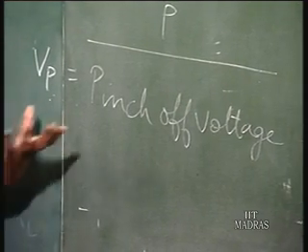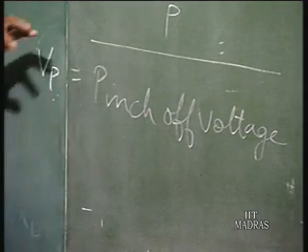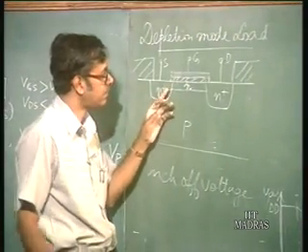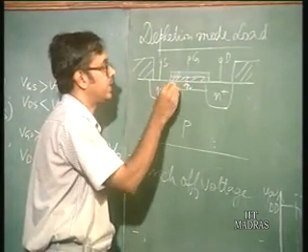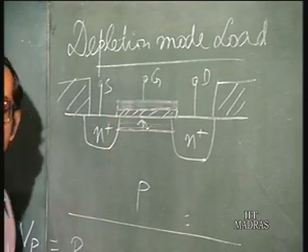If you go on increasing the negative voltage, the depletion region increases and it goes like this.